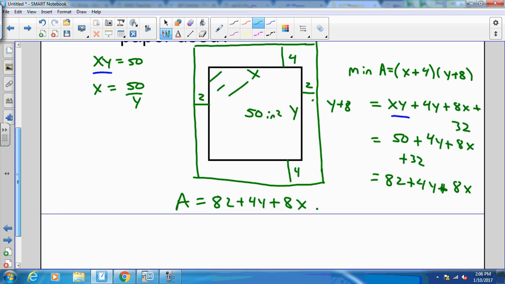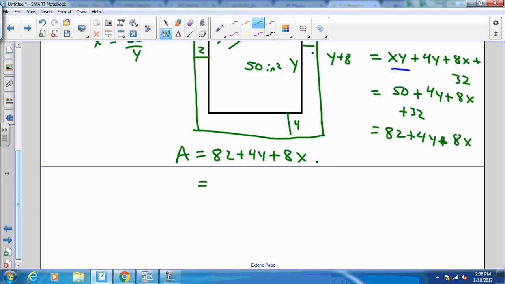Both of those work. So I'm going to replace x with what it is, which is 50 over y. And so this gives me area as a function of y.